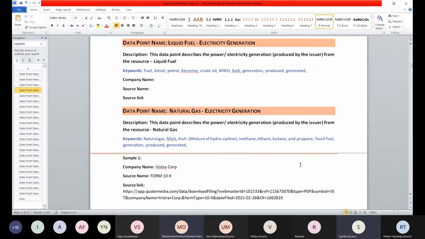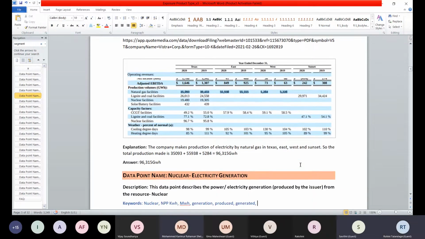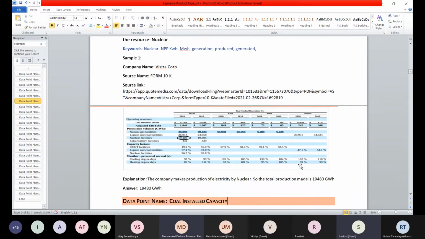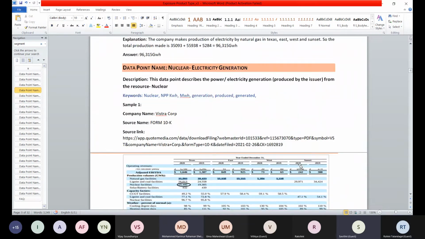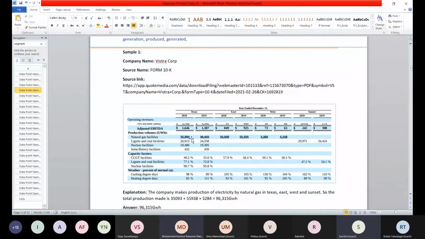All this is related to the same thing. This is from natural gas. And the next is nuclear. In the previous example, they are saying natural gas: from natural gas facilities, they have generated this much electricity from different locations, like East Texas and West Texas.